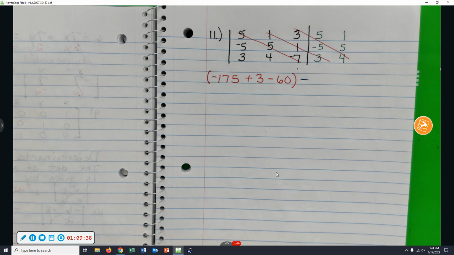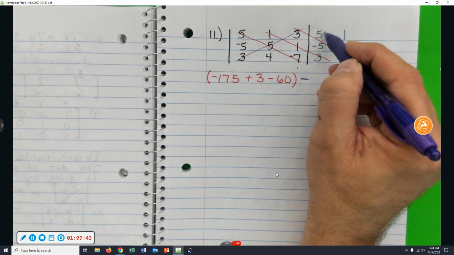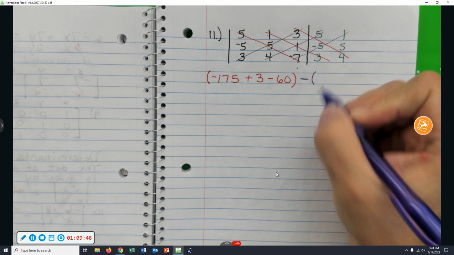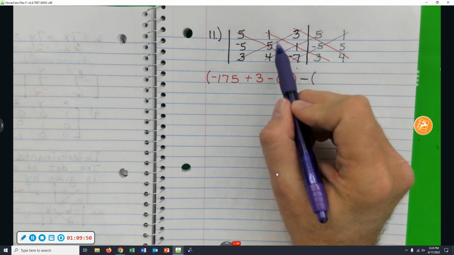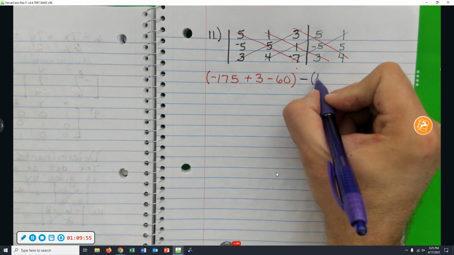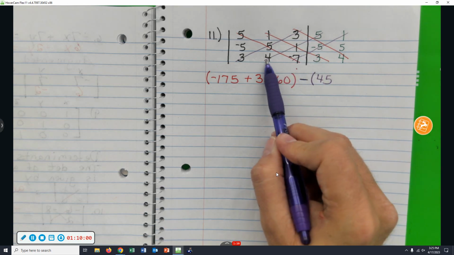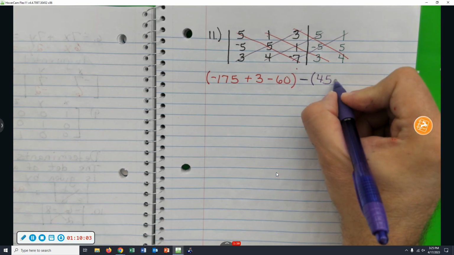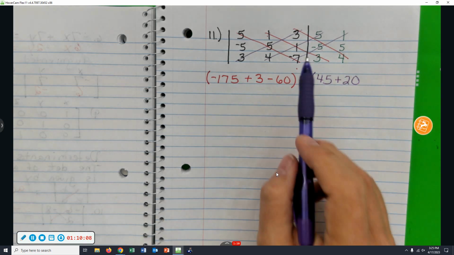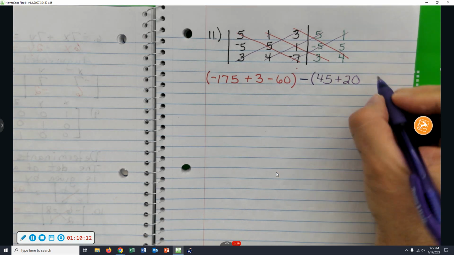And now I'm going to do the other three diagonals, the ones I'm drawing the line through right now. Ooh-wee. 3 times 5 times 3. Is that first diagonal there a 45? 5 times 1 times 4. Is that going to be a 20? It's a positive 20, right? Then negative 7 times negative 5 times 1, 35.